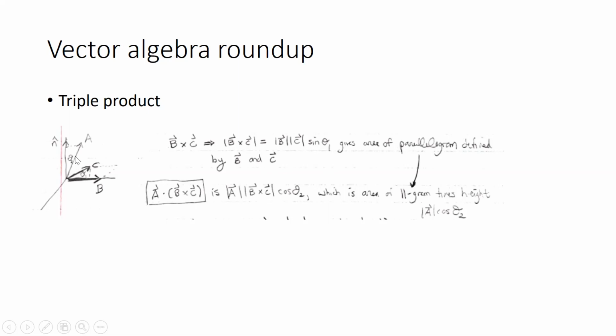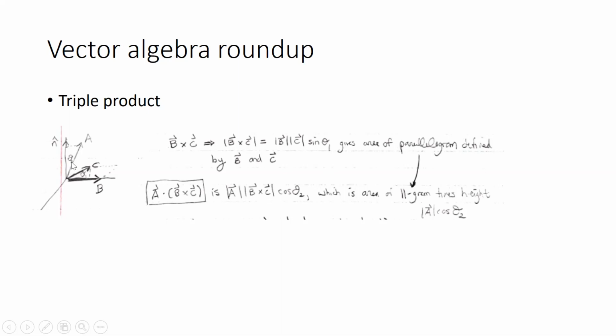So how far does it extend? Well, it extends up to the component of A which is perpendicular to B cross C. So it extends by this amount here, not the full amount A.